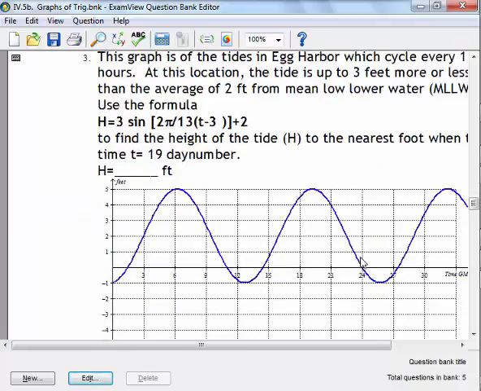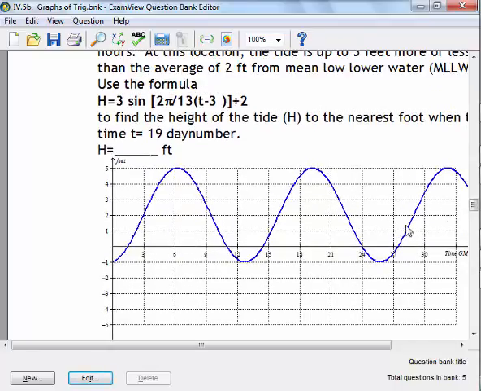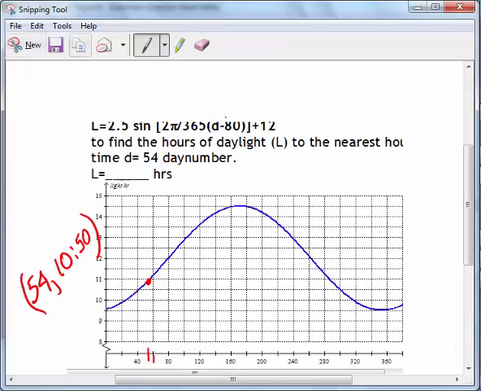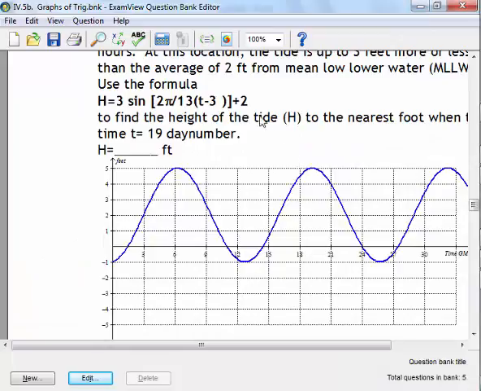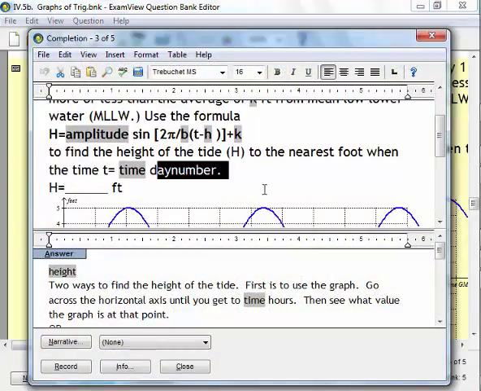Let's look at this one. Here's the height of the tide and the time. Actually, I should say the time is in hours, isn't it?